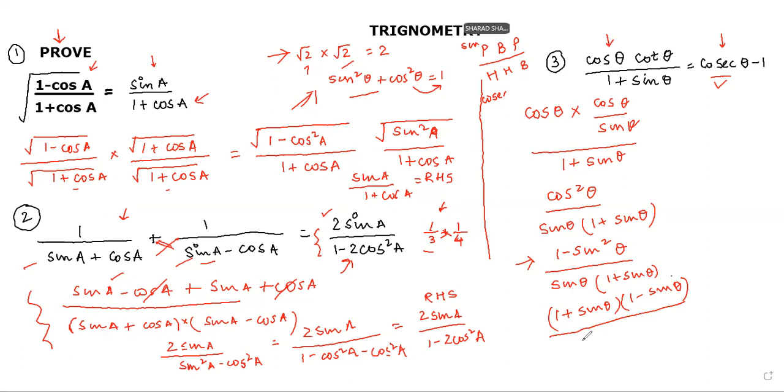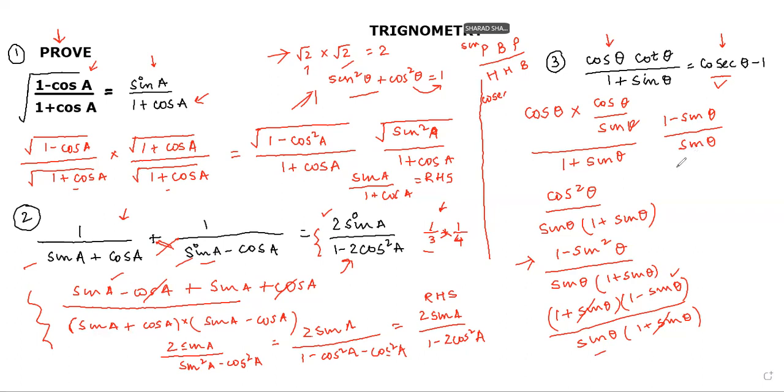And here we have in the denominator sine theta in the bracket 1 plus sine theta. Okay. Now very clearly you can see that 1 plus sine theta, 1 plus sine theta gone. And what we are left with is 1 minus sine theta upon sine theta, right? 1 minus sine theta is left in the numerator and sine theta is left in the denominator.